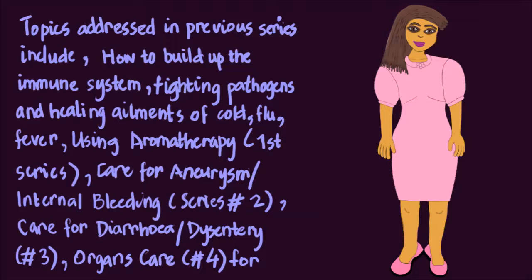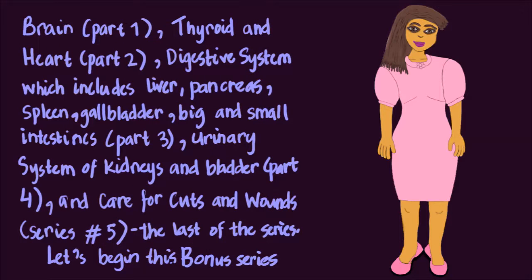Topics addressed in previous series include how to build up the immune system, fighting pathogens and healing ailments of cold, flu, fever, using aromatherapy, first series; care for aneurysm or internal bleeding, series number 2; care for diarrhea or dysentery, number 3; organs care, number 4, for brain, part 1; thyroid and heart, part 2; digestive system, which includes liver, pancreas, spleen, gallbladder, big and small intestines, part 3; urinary system of kidneys and bladder, part 4; and care for cuts and wounds, series number 5, the last of the series.